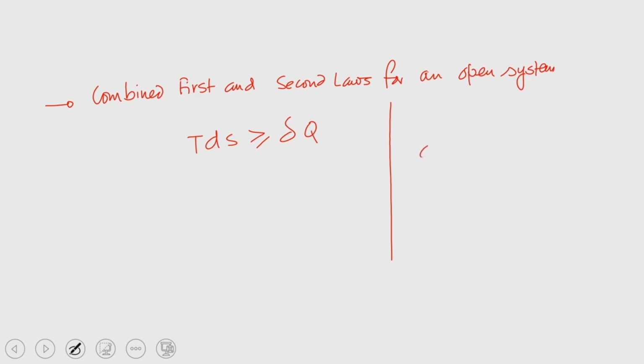If we try to write this delta Q for the open system, I have also discussed this particular aspect, that this U is the thermal energy for the non-flow system.